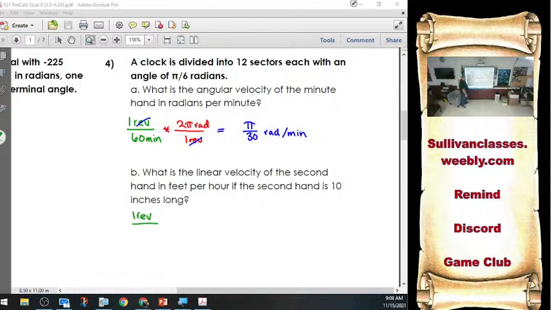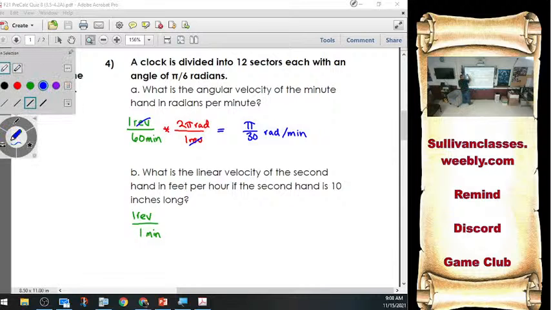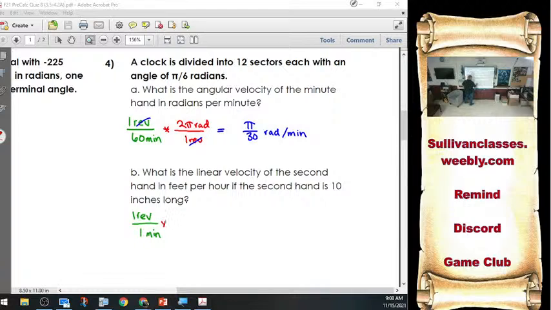Or I'm going to say 1 minute just so it's one less conversion. Okay, 1 revolution per minute. If I want to know feet per hour, then I have to cross that boundary of a radian is a radius. So start by getting in radians.